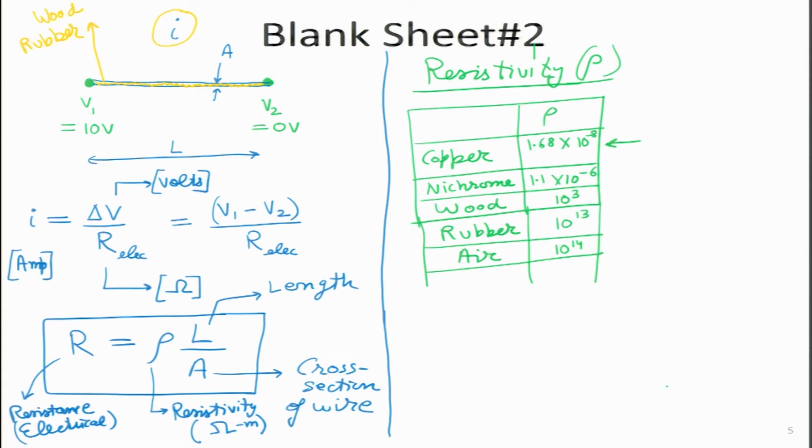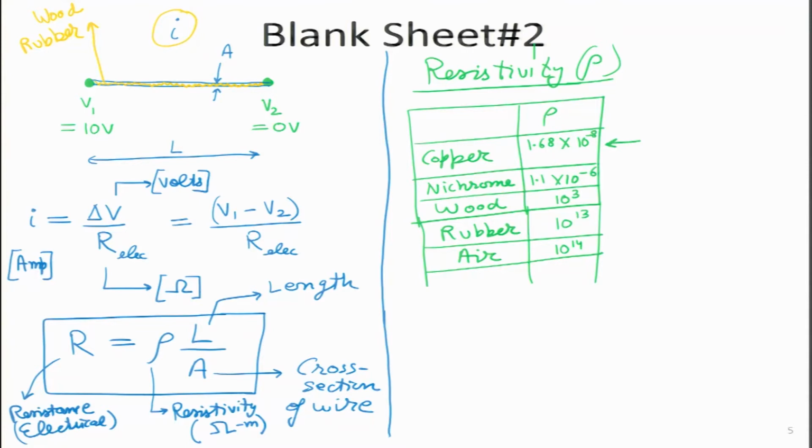So, let us do a very small example and try and see that the case of copper, what typical values do we come out with. So, I will try to do the calculation on this page itself for the sake of continuity. So, I am taking the same example from the left hand side, and then I am putting in some numerical values. So, what are the values that I am going to put?